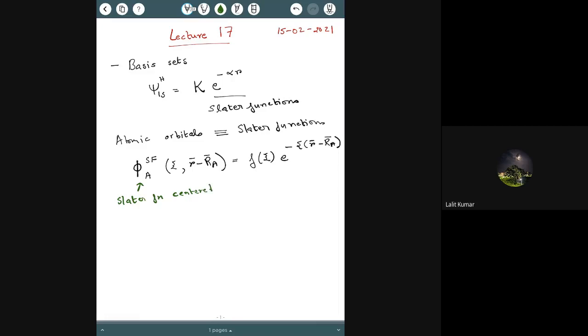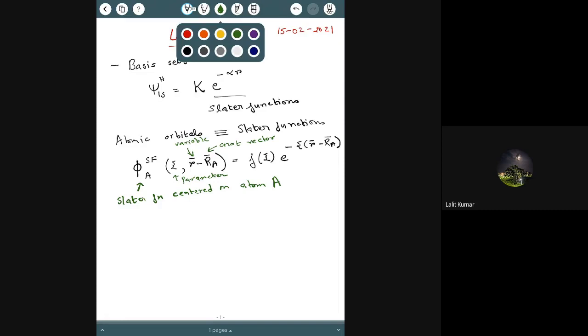Ra is a constant vector. R is the variable. Xi is the parameter, which tells me how the function behaves.